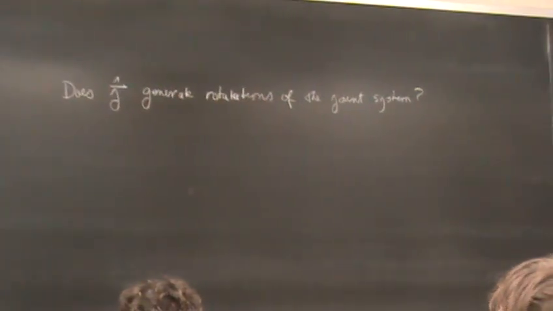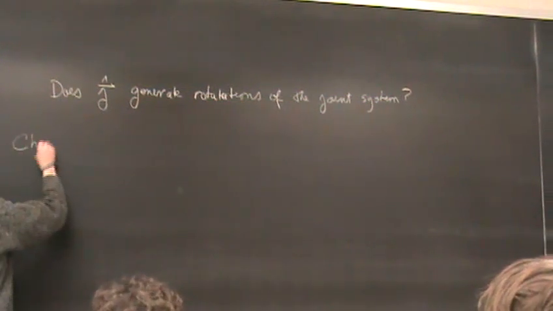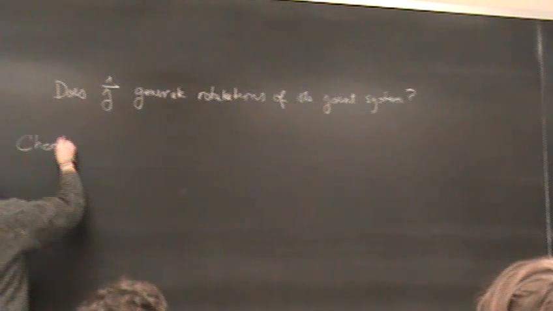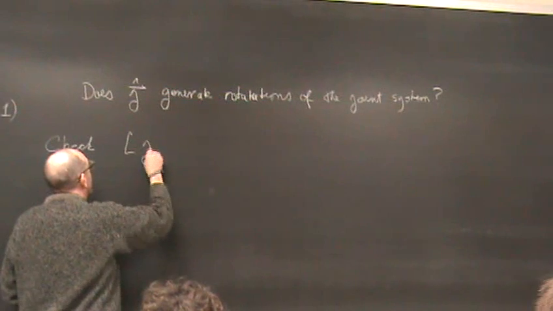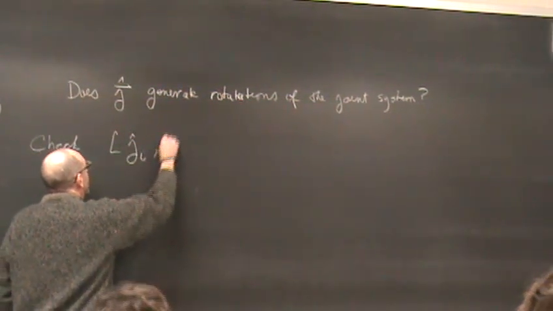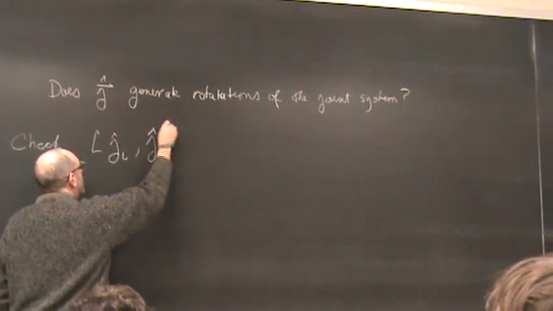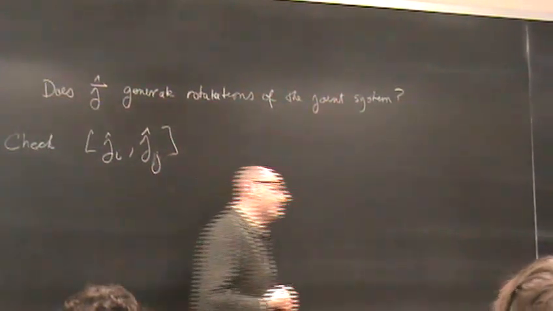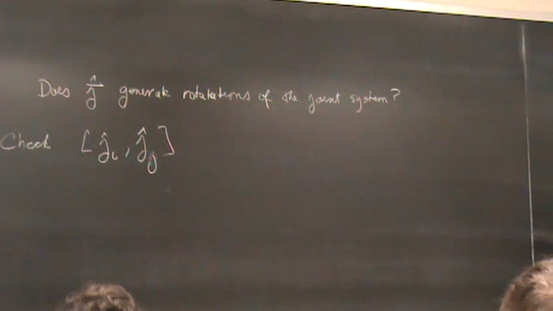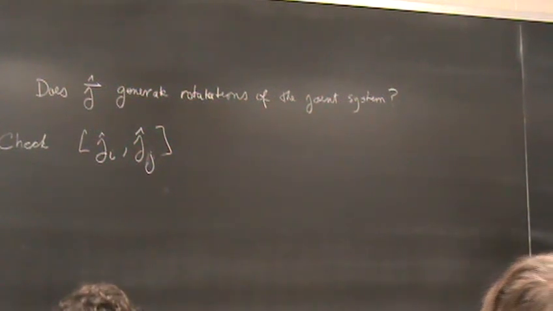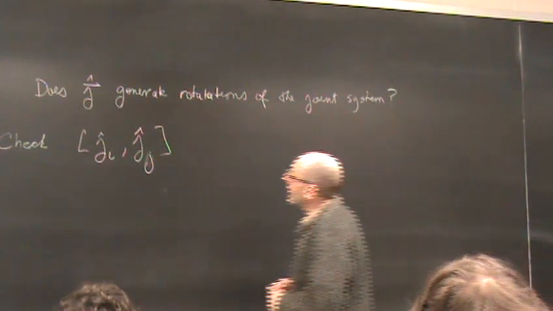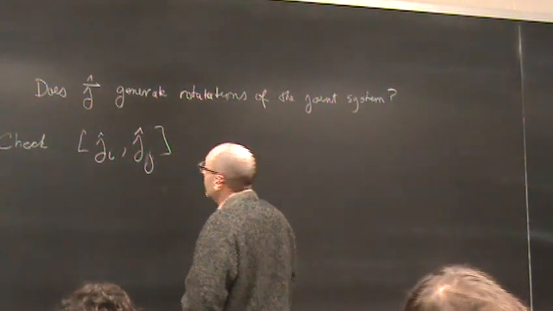So to answer this question, we need to check the commutation relations of the components of the total angular momentum. Okay? So that's what we need to check. So what is that equal to?